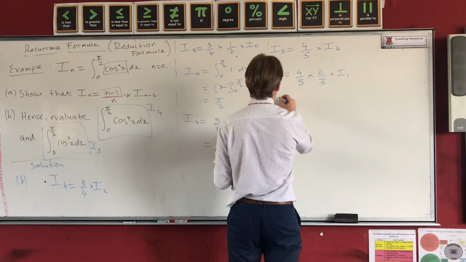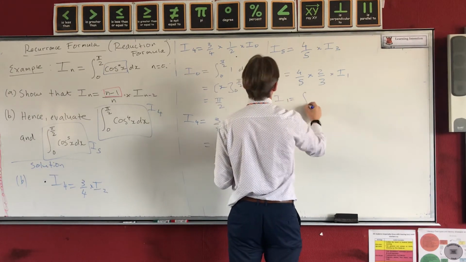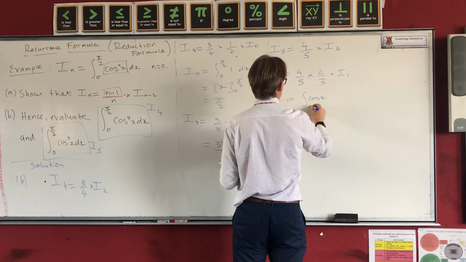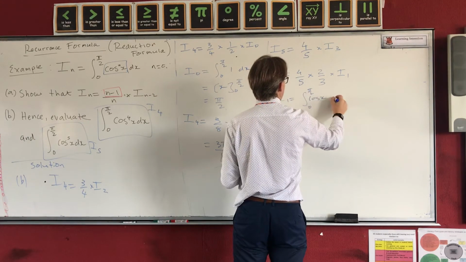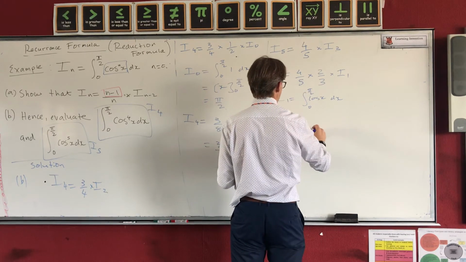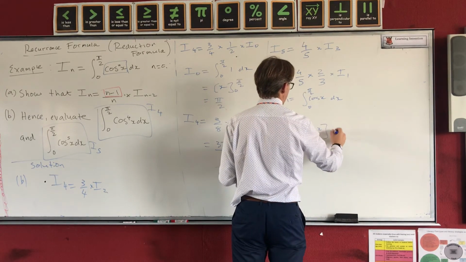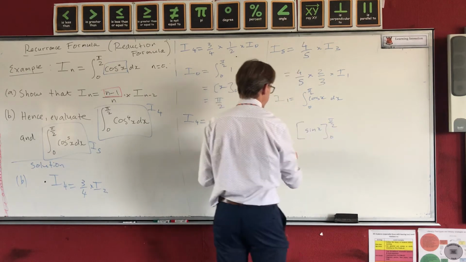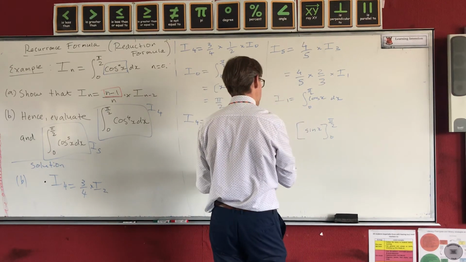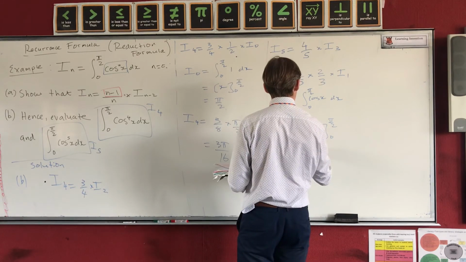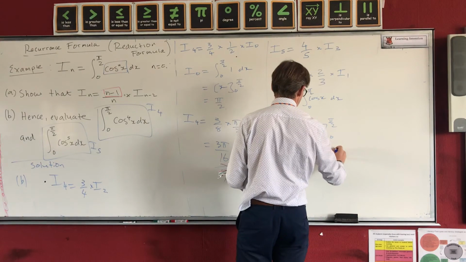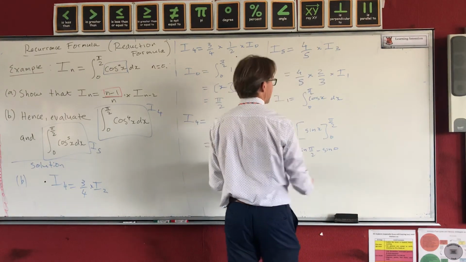So I1 is equal to the integral of cos x from 0 to pi on 2 dx. So sin x from 0 to pi on 2, and that's going to give me sine of pi on 2 minus sine of 0, and sine of pi on 2 is just 1.